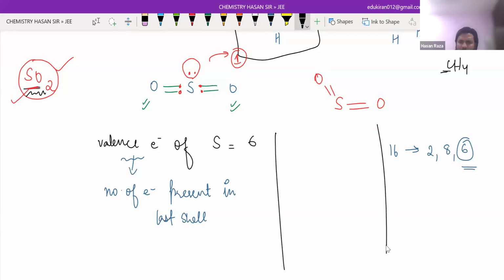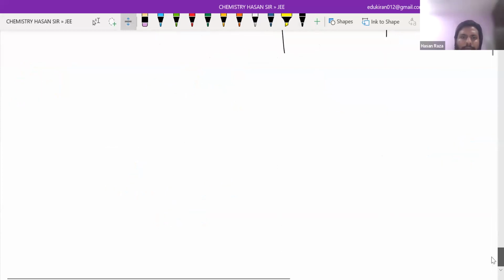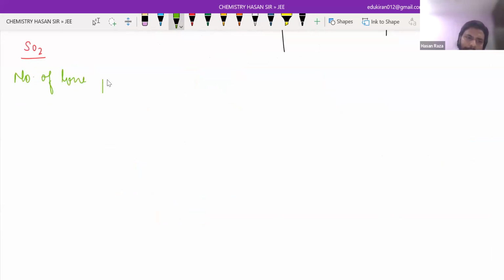If I'm going to ask you the first question related to SO2, the number of lone pairs present on the central atom, or on sulfur directly, they can ask.